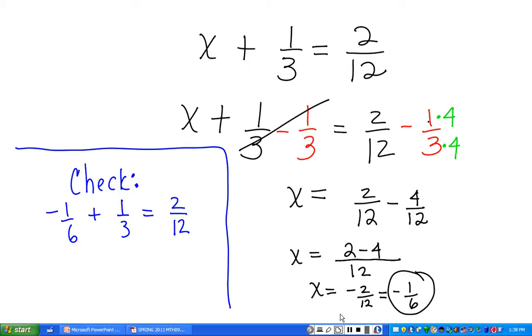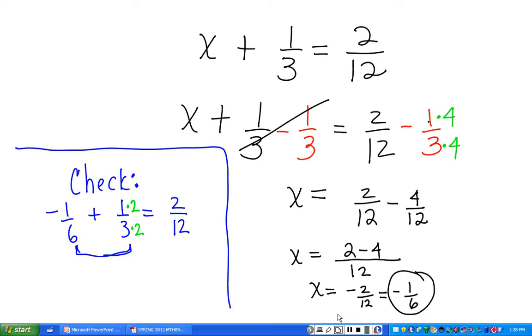Okay, on this side, what is the LCD? It is 6. So let's multiply 3 times 2 to get that 6, but you have to multiply the numerator times the same thing, or it's not what I call legal in math to multiply a number times something without multiplying the numerator as well.